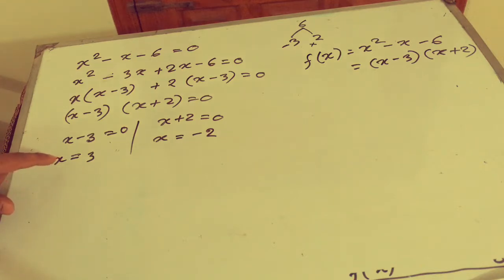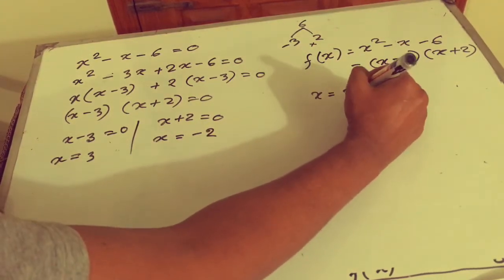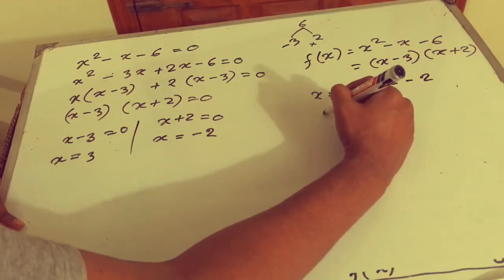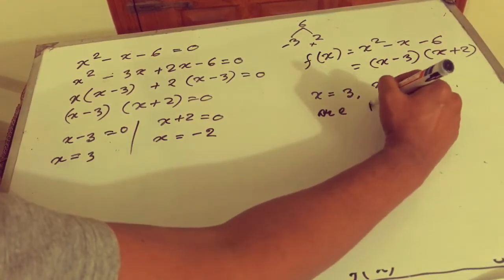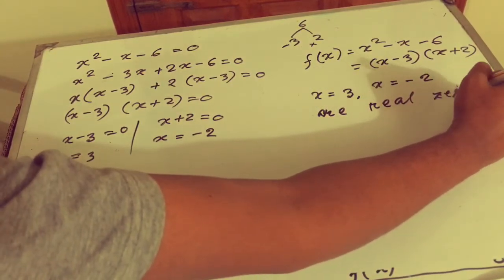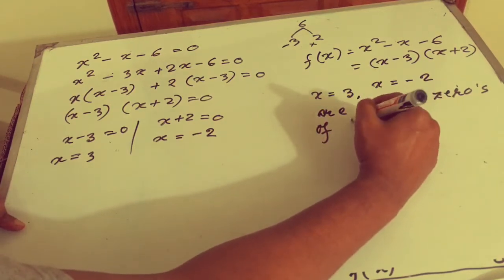That is why x equals 3 and x equals minus 2 are called the real zeros of the function. These are the real zeros of the function.